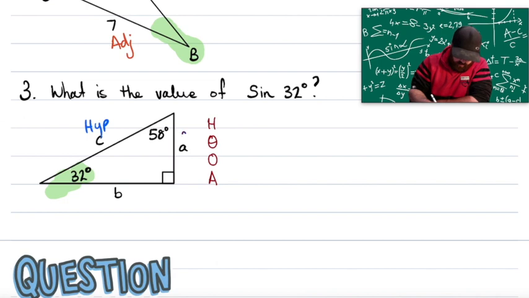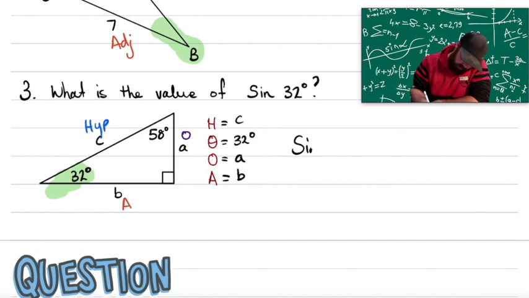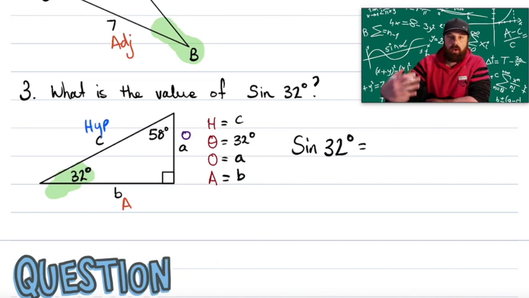Our opposite side is going to be over here, and our adjacent side is there, so our hypotenuse was C, our reference angle is 32 degrees, the opposite side was A, and our adjacent side is B. So sine of 32 degrees is equal to, remember, SOHCAHTOA, so SOH being opposite and the hypotenuse and in that order. So we are going to go the opposite over the hypotenuse. So sine of 32 is equal to A over C.